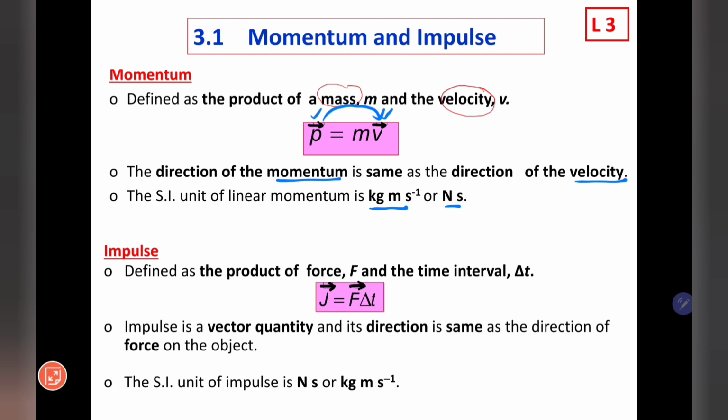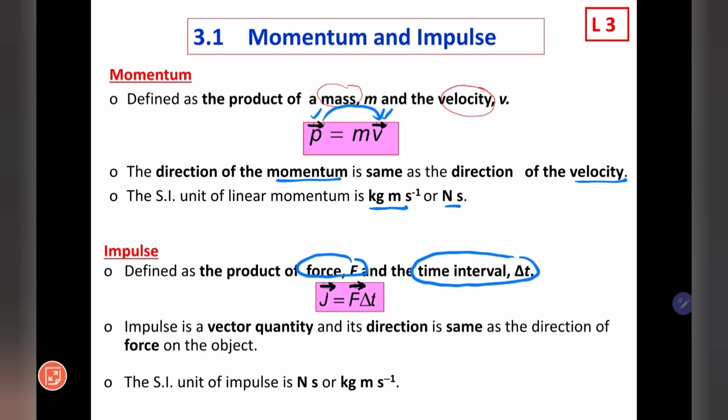And then what does it mean by impulse? Impulse is defined as the product of force F and the time interval, which is delta T. So F multiplied by delta T gives you the impulse.